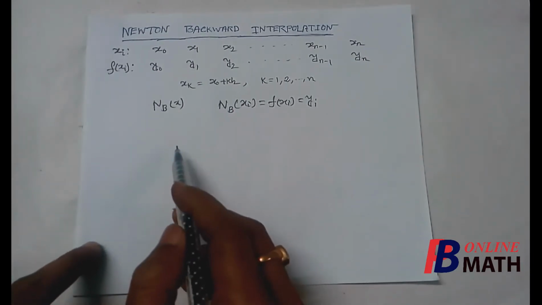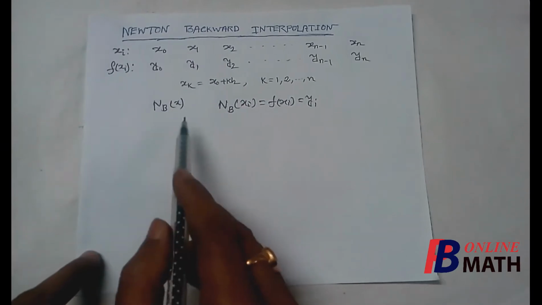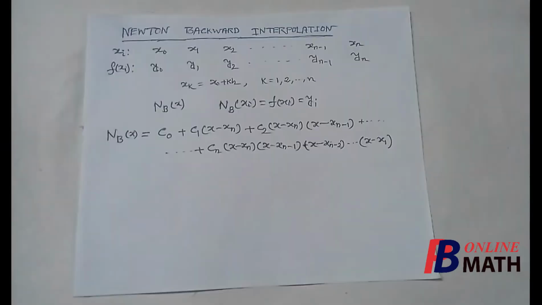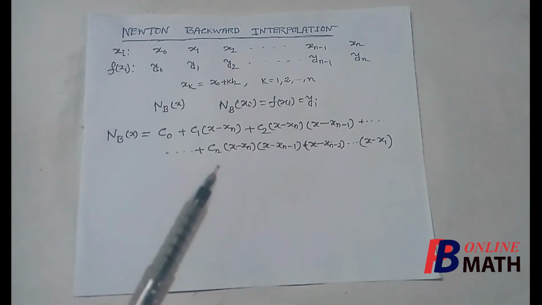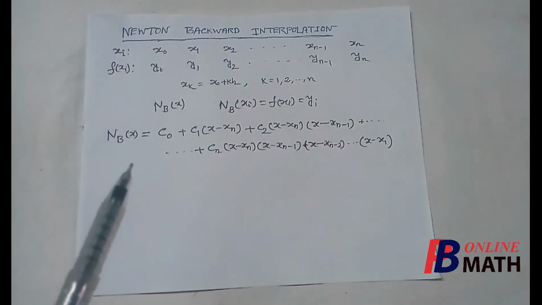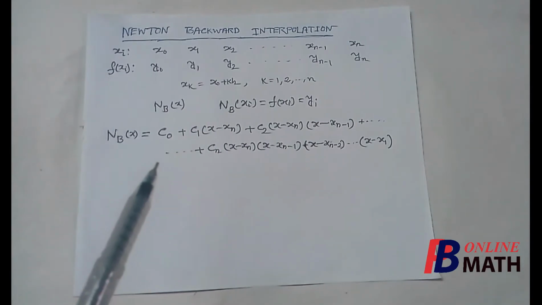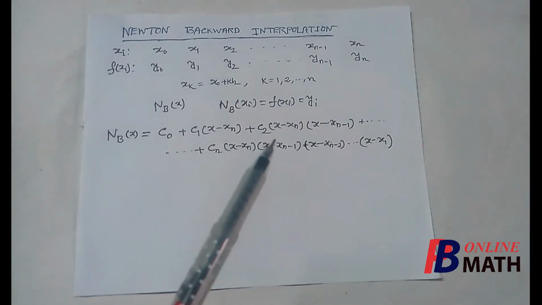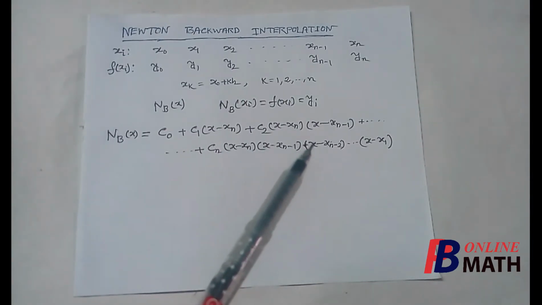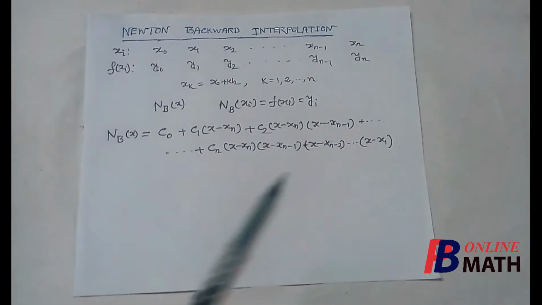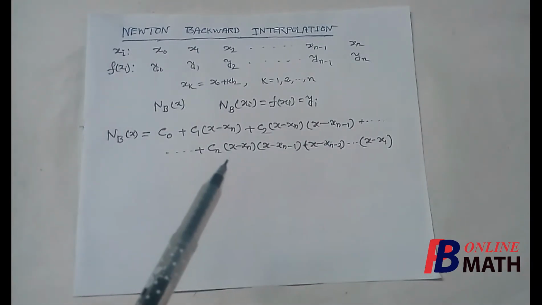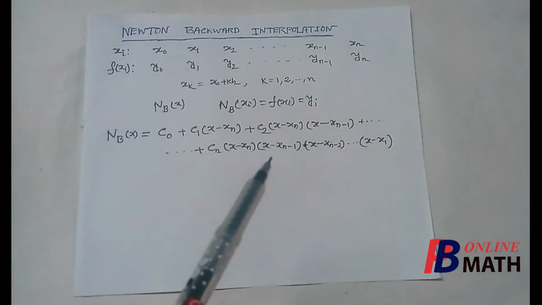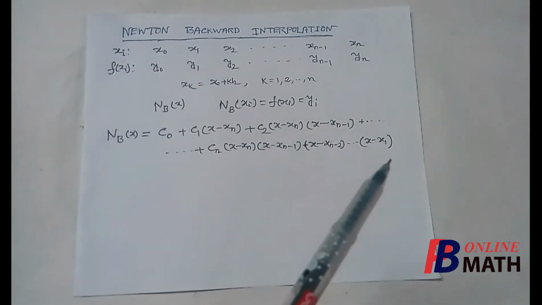So we first assume the form of the polynomial Nb(x). This is of degree n, and we assume that Nb(x) is equal to c0 plus c1 into (x minus xn) plus c2 into (x minus xn)(x minus xn minus 1) up to cn into (x minus xn)(x minus xn minus 1) up to (x minus x1).